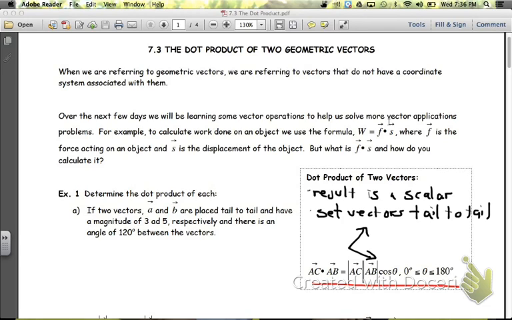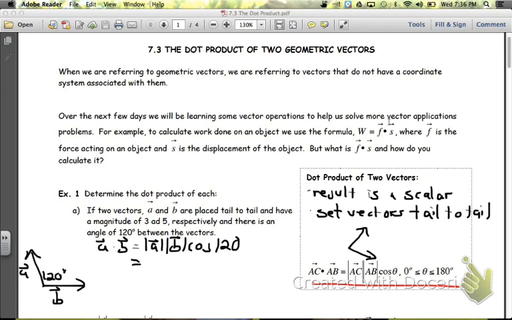In our first example, we want to determine the dot product of each. You have two vectors A and B, which are placed tail to tail and have magnitudes of 3 and 5 respectively, and there is an angle of 120 degrees between them. Now, the dot product of A and B is the magnitude of A times the magnitude of B times cos of the angle between them, which is 120 degrees.